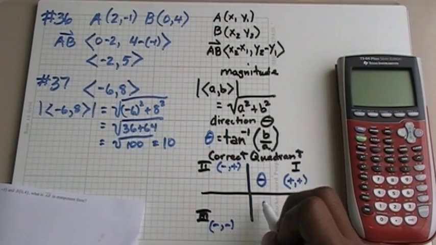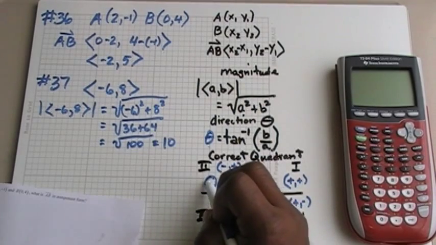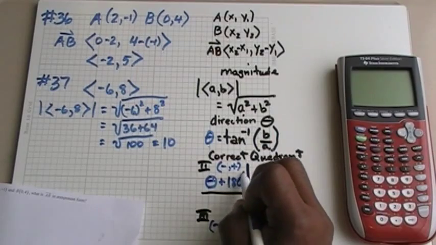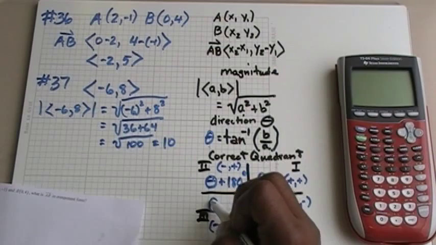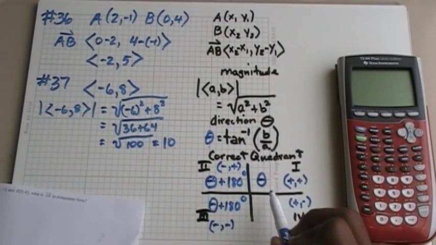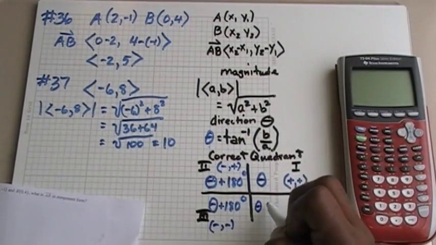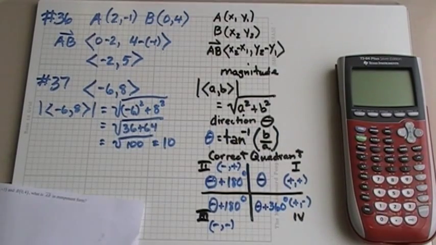If the value is in the second quadrant, we add 180 degrees to theta, and that'll give you the right angle. If we're in the third quadrant, theta plus 180 degrees also. And if it's in the fourth quadrant, then whatever you get for theta, you add 360 to it, and that's going to give you the appropriate angle.